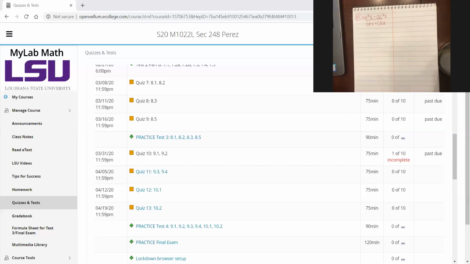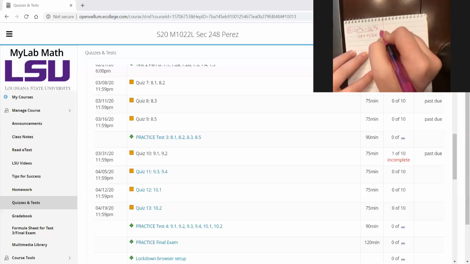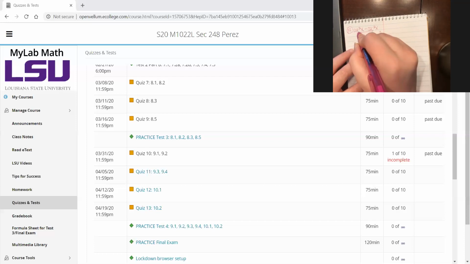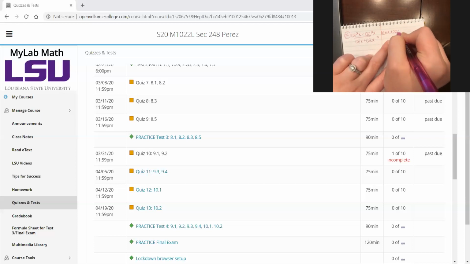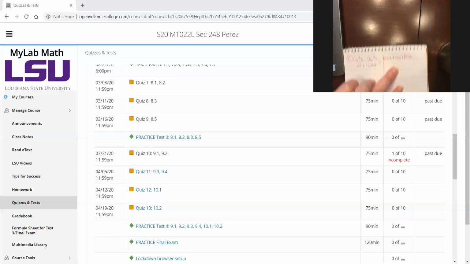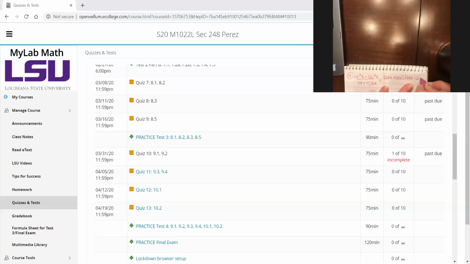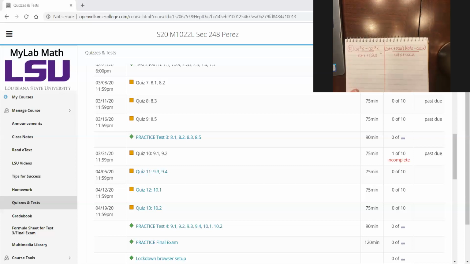So the first thing you should do is factor the top because the top is a difference of perfect squares. So this is cotangent x plus cosecant x times cotangent x minus cosecant x, all over cotangent x plus cosecant x.